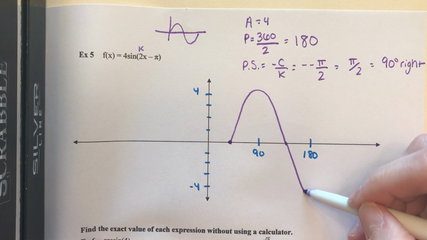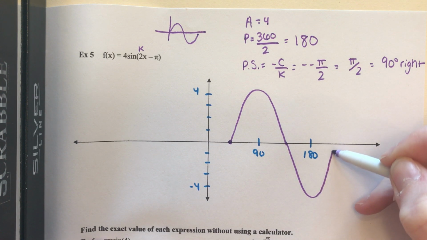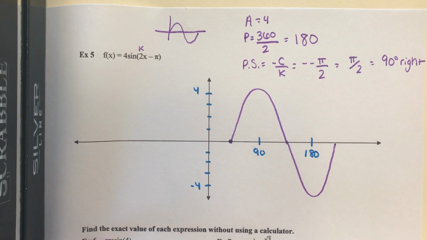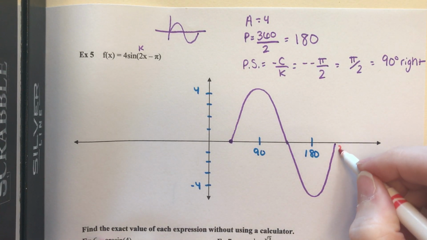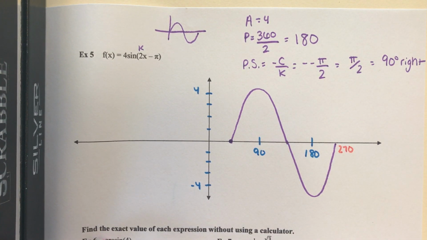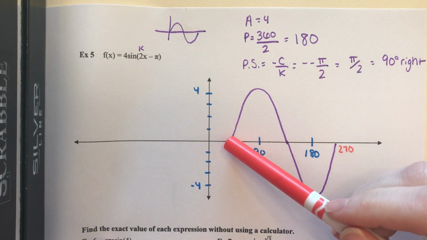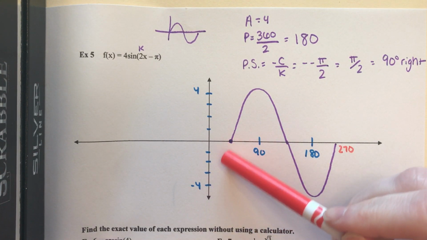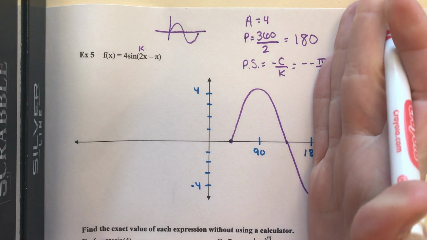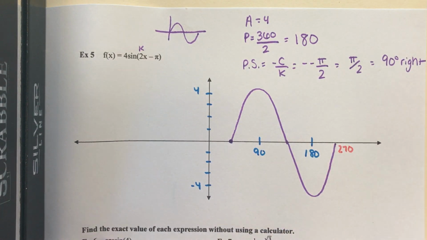Go down. And I'm going to end 90 degrees after 180, which means my graph really ends at 270. Now, another technique you could do is go from 0 to 45 and do a period that way and just cut it off here. That would be fine too.